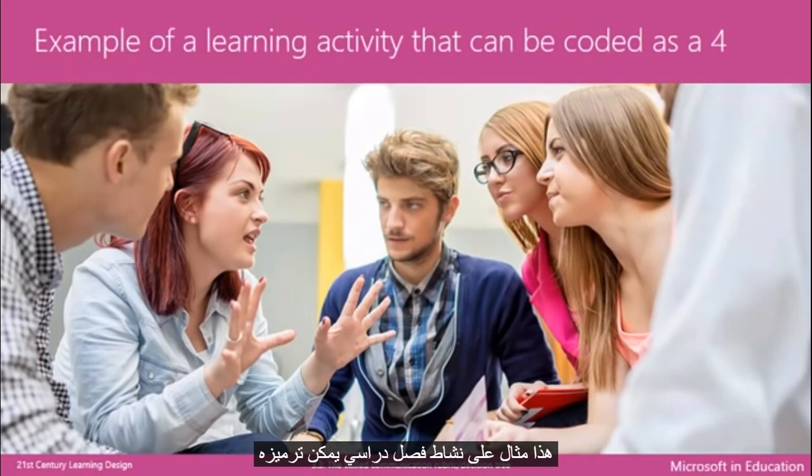This is an example of classroom activity that can be coded as a 4. We went and asked them some questions, we couldn't make it too complicated, but asked them simple questions to try and figure out what they might like in a book. Okay, so what sort of questions did you ask, Ethan?